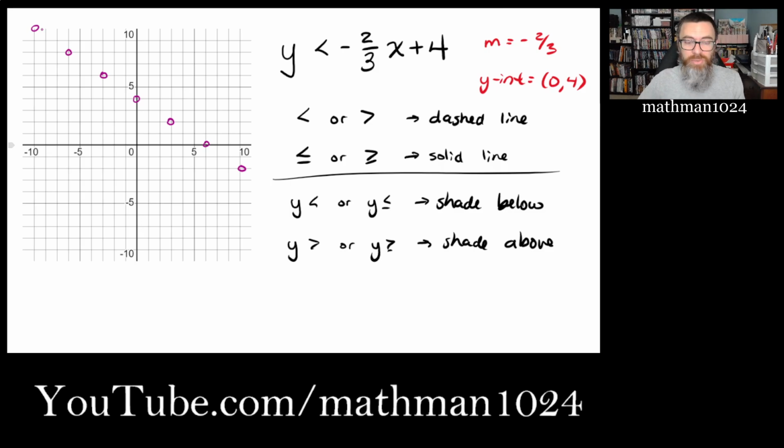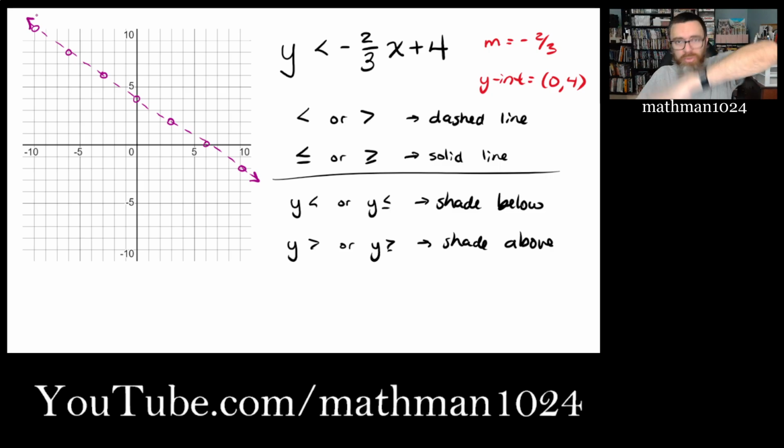Since this is supposed to be a dashed line, I will make sure I do a dashed line going through these points, making sure I put arrows on the ends because that's what you're supposed to do. Now, since this says y is less than, that means I need to shade below my graph.